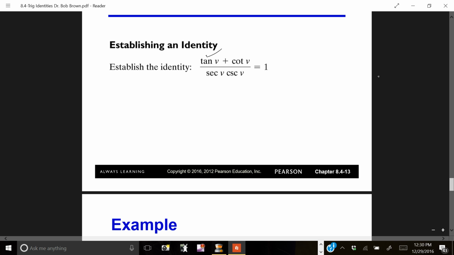So tangent becomes sine of v over cosine of v, and cotangent is cosine of v over sine of v. Divided by secant of v, which is 1 over cosine of v. Cosecant is 1 over sine of v.